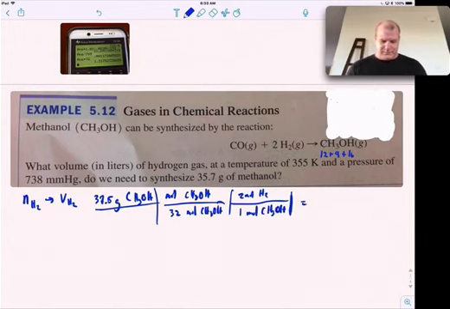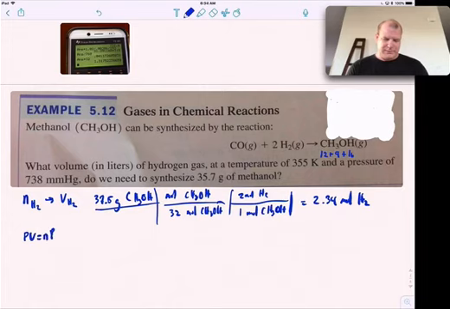A 2 to 1 molar ratio. So 37.5 divided by 32 times 2 is 2.34 moles hydrogen. And now we need volume.